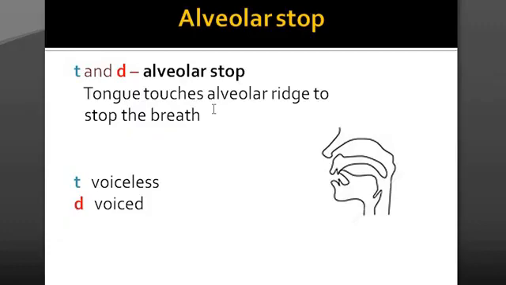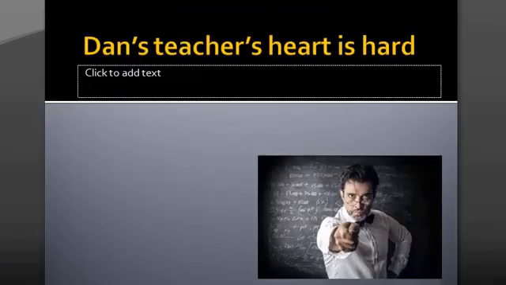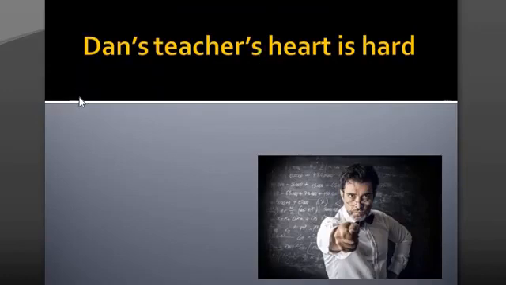Okay, so usually we say these sounds, we stop the breath and let it go. There is another way to pronounce these sounds. So to give an example, the sentence, Dan's teacher's heart is hard.